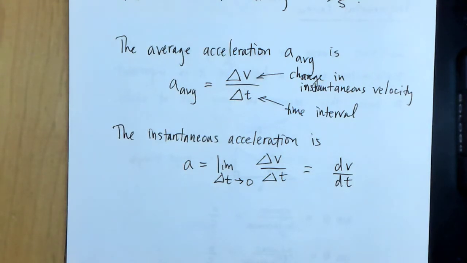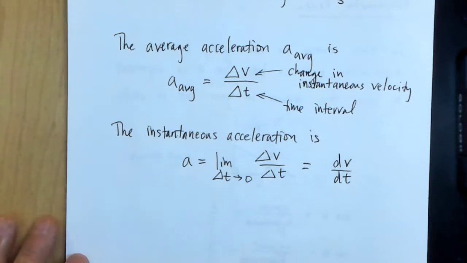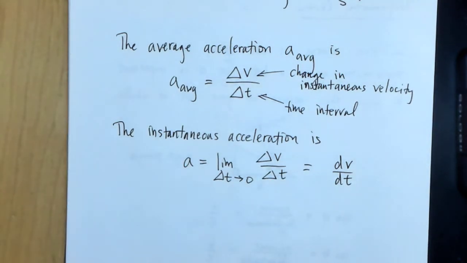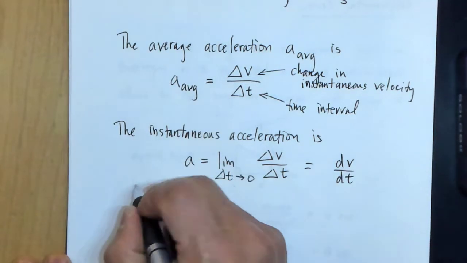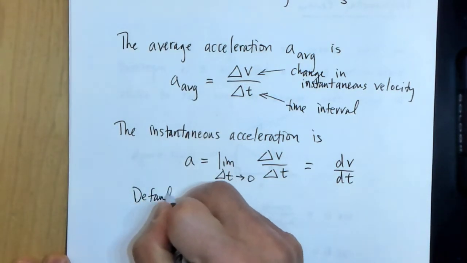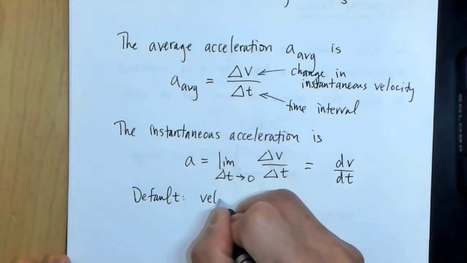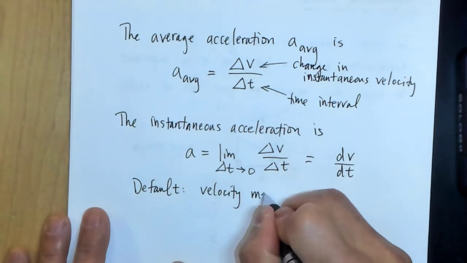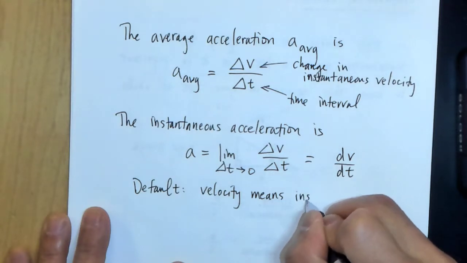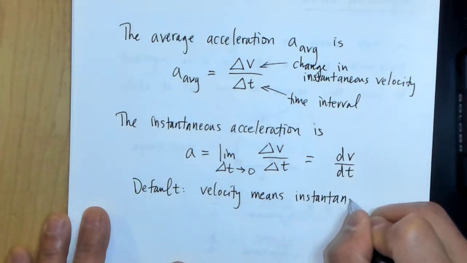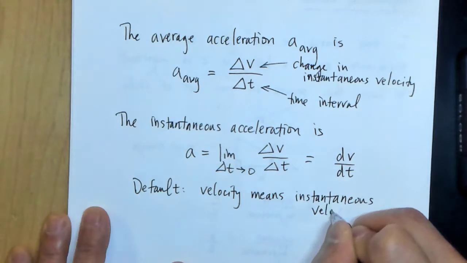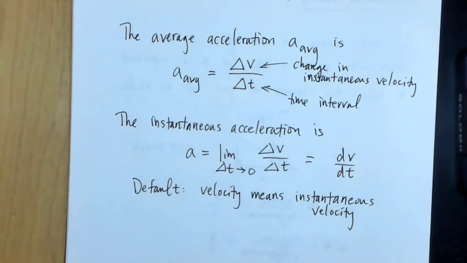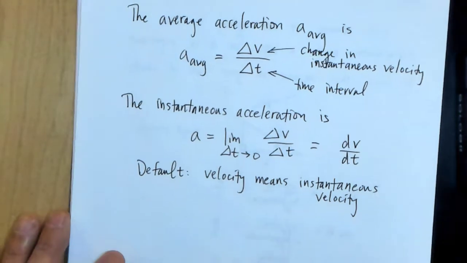So you good? Okay, I should mention, because instantaneous is kind of a long word to write down and to say every time, there's a default notation. The default is that if we just say velocity, it means instantaneous velocity, unless otherwise indicated. If you say average velocity, obviously you mean average velocity. But if you just say velocity, it's implied you mean instantaneous velocity.